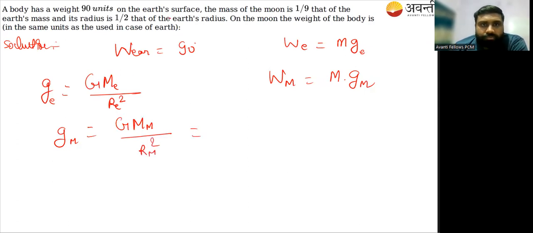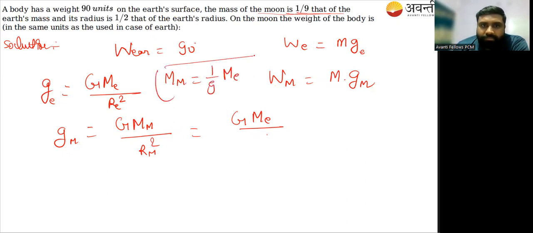Now the mass of the moon is 1 by 9th of the Earth's mass, so we can say M_E over 9. And the radius of the moon is 1 by 2 times the radius of Earth, which is also given to you.